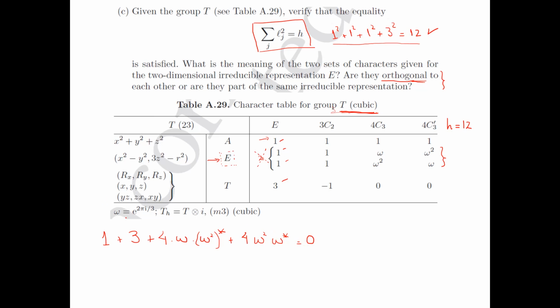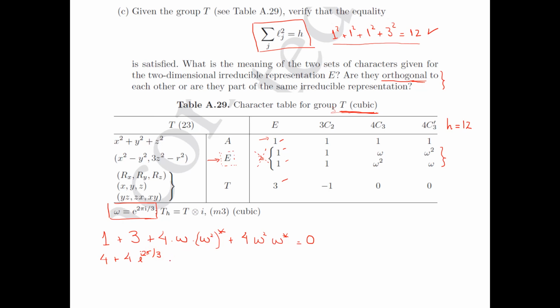Okay, and omega is e to the 2 pi over 3. So we have 4 plus 4 times omega, which is e to the i 2 pi over 3. Omega square is e to the i 4 pi over 3.